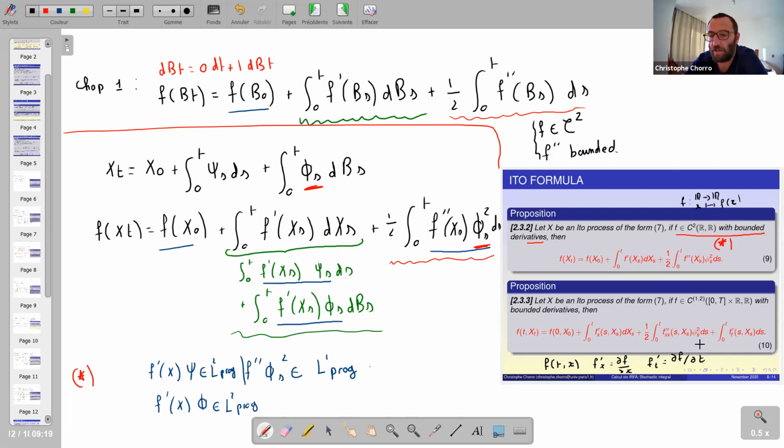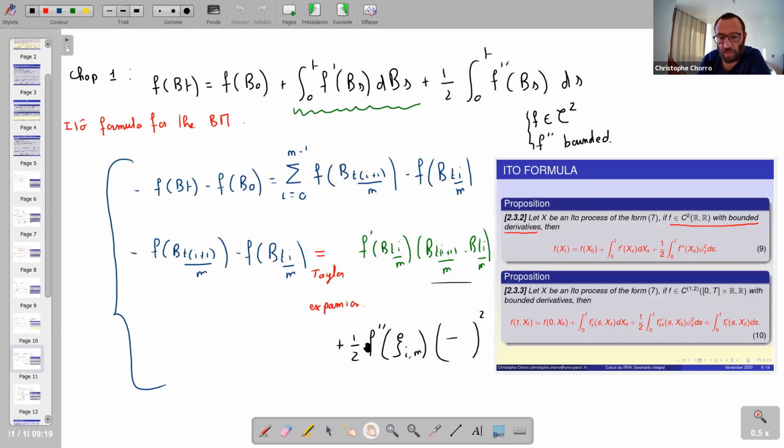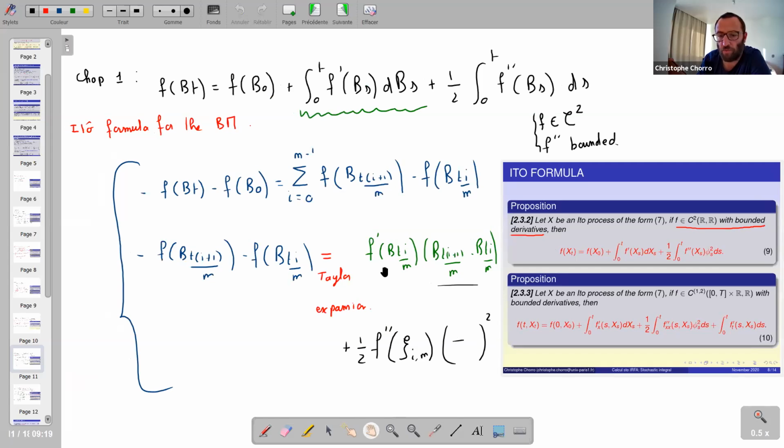Keep in mind that I explained, or reminded you, that in the case of the Brownian motion, it's the Taylor expansion at order 2 that I use for f of x. But if you have f of t and x, you have a mapping depending on two variables. You can write the Taylor expansion for this mapping depending on these two variables.